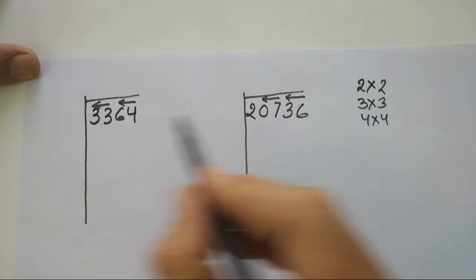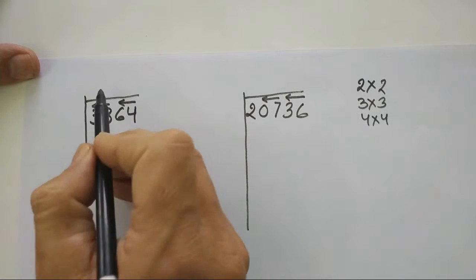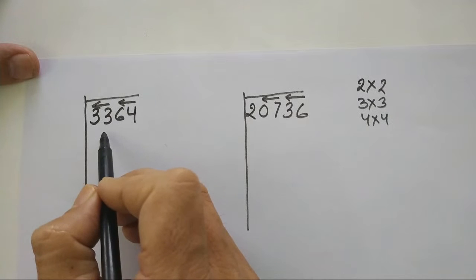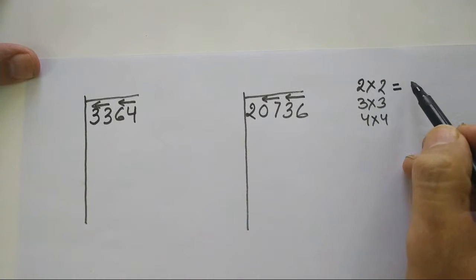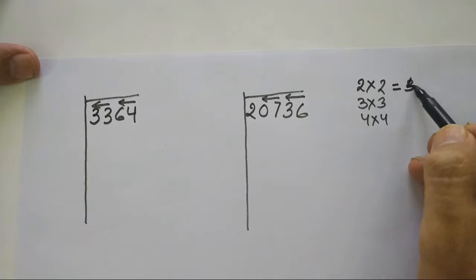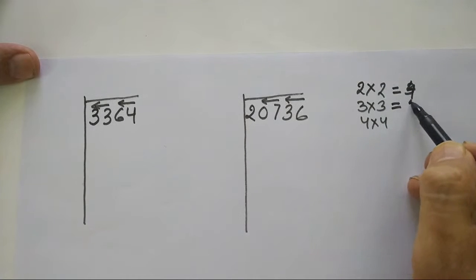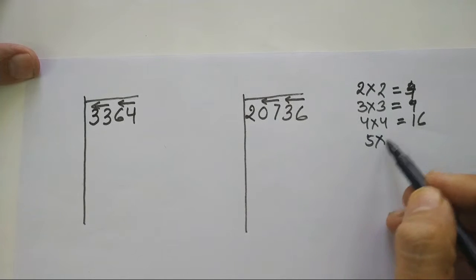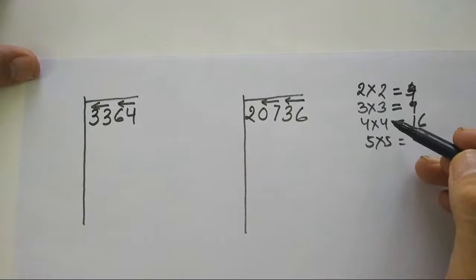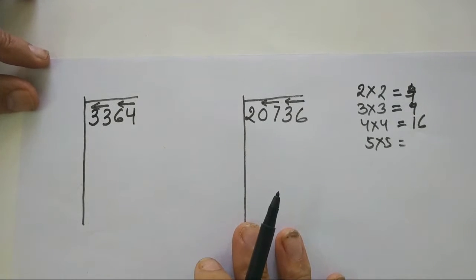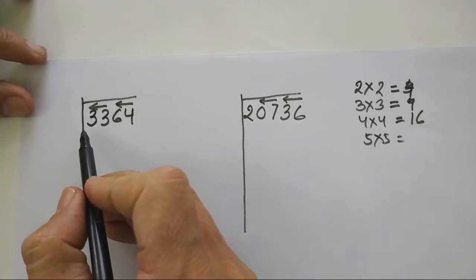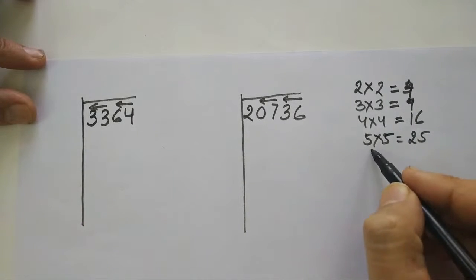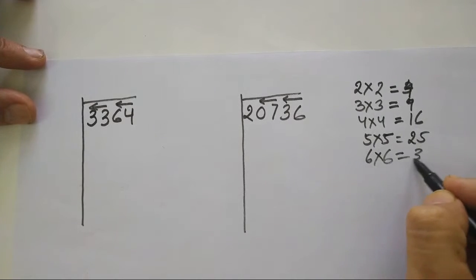The same number will be multiplied, and it should give you a number equal to or less than 33. So 2 into 2 is 4, 3 into 3 is 9, 4 into 4 is 16, 5 into 5 you know. So we have to select a number which gives this number or less than this. 5 into 5 is 25, and 6 into 6 is 36.